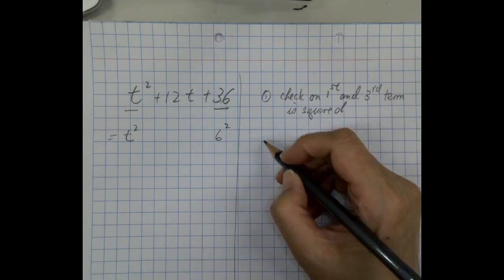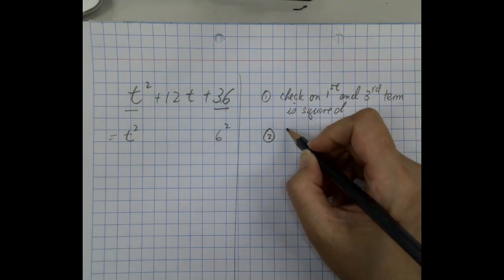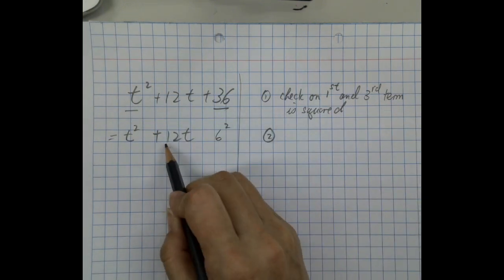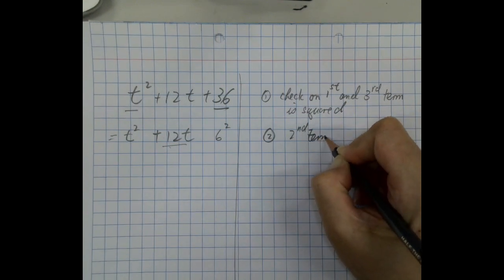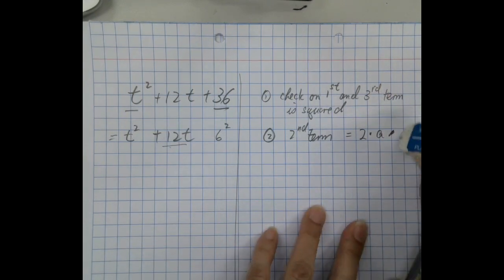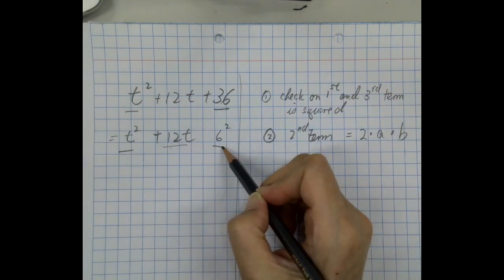Nice. And then step 2. We test the second term. See if that is equal to 2 times a times b, where our a and b are the before-square numbers.